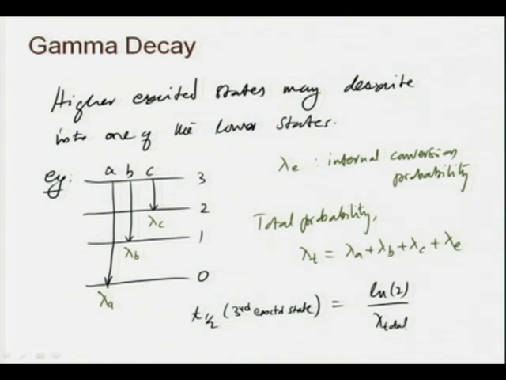So, we have to compute the partial widths or partial probabilities for decay to different channels, add all the probabilities to get the total probability, and the half life will depend on 1 over that. So, we will stop here for the time being and come to other discussion in the next class.